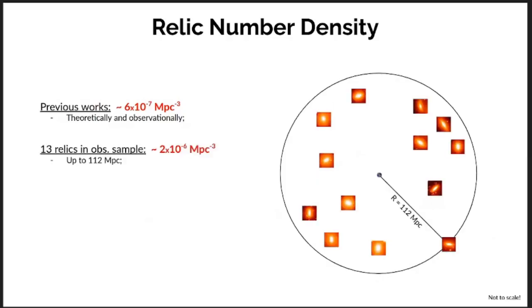For our observational sample, if we take the sphere in which they are lying in our local universe, we get this number density, which is a little higher, because actually this value is a lower limit for the number density.